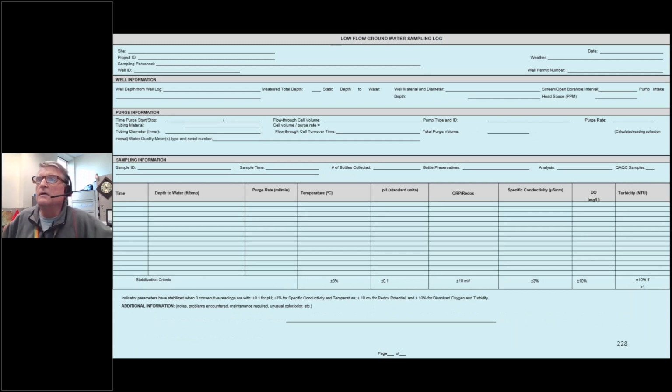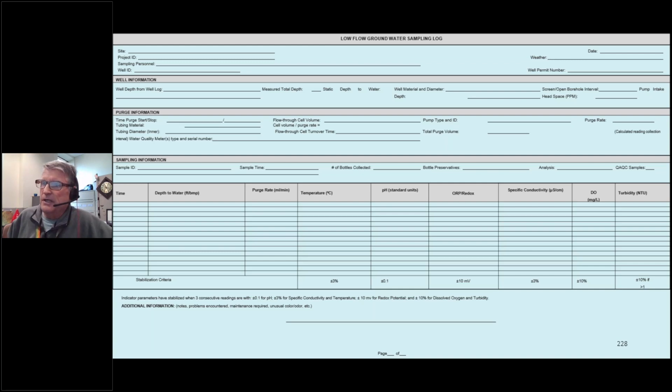Here's an example of a sampling log form from Chapter 6 in the Field Sampling Procedure Manual. Going from top to bottom, we see that the top section contains the site information. The next section down contains well-specific information. The section below that has the well purge information. Below that is the sampling information.